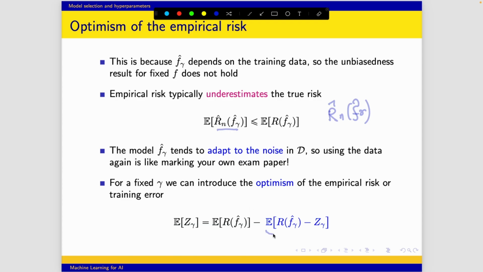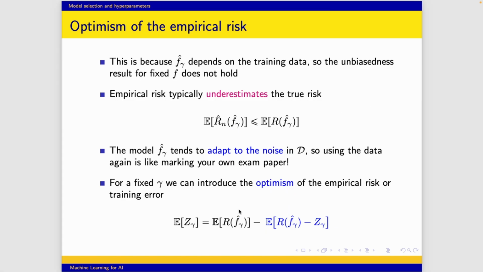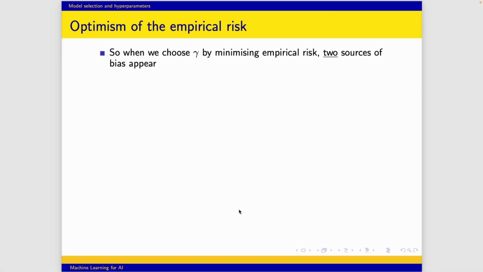Now this here we can call the optimism of the empirical risk. And this quantity is positive because the expected value of Z gamma is less than or equal to this thing here. So it must be equal to this minus some positive quantity, which we can call the optimism of our empirical risk estimate of the ERM solution.